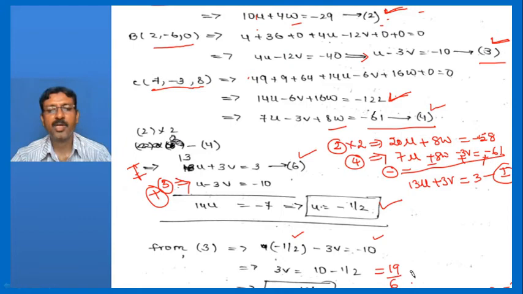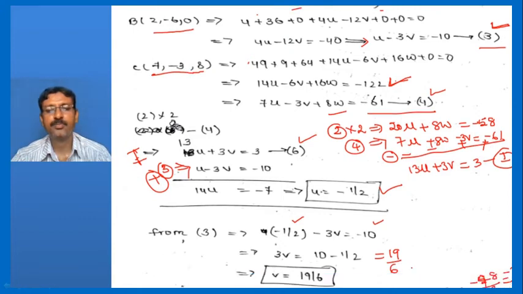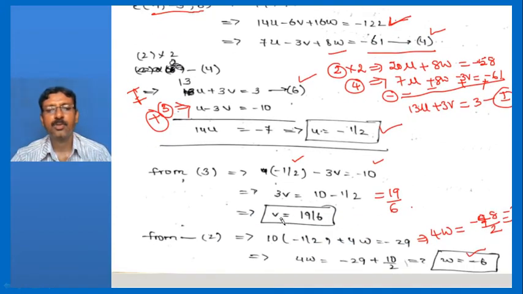Therefore 3v equal to 19 by 2. Therefore v equal to 19 by 6.